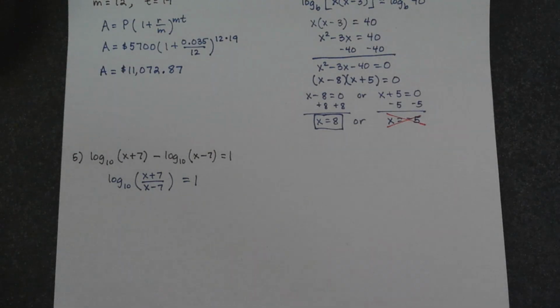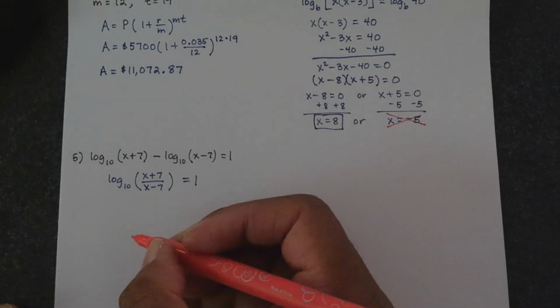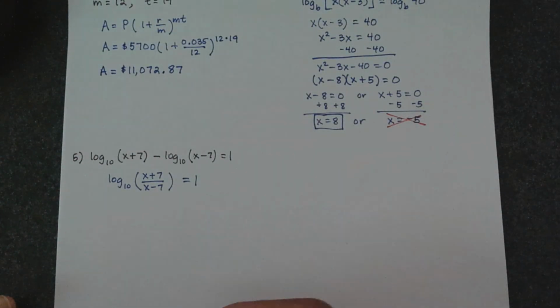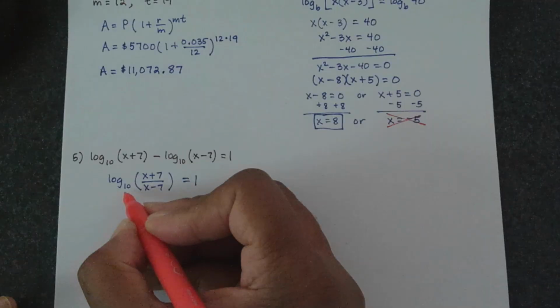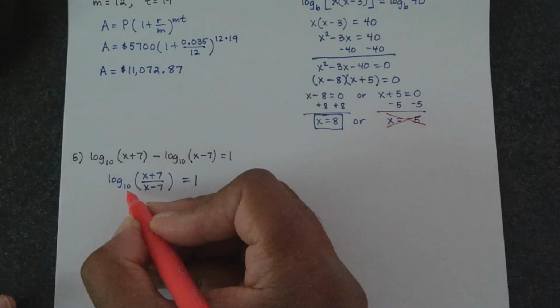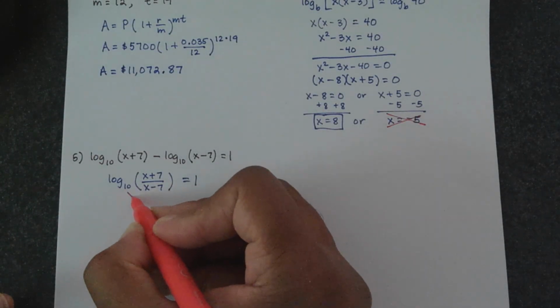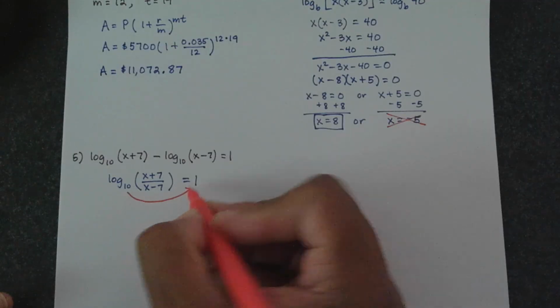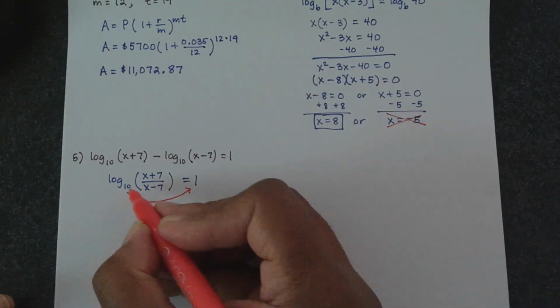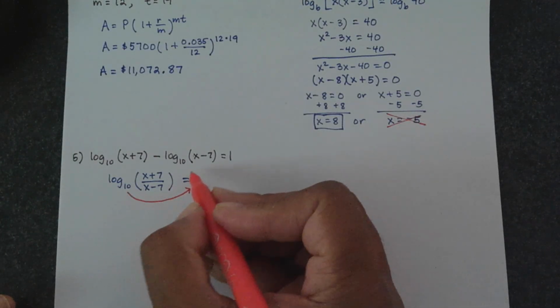Notice I have a logarithm on one side of this equation, which means I need to write this in its equivalent exponential form. What I mean by that is this. The base, which is the subscript of your log, is your 10. That's going to be the base for the exponent 1, so it'll be 10 to the first power.